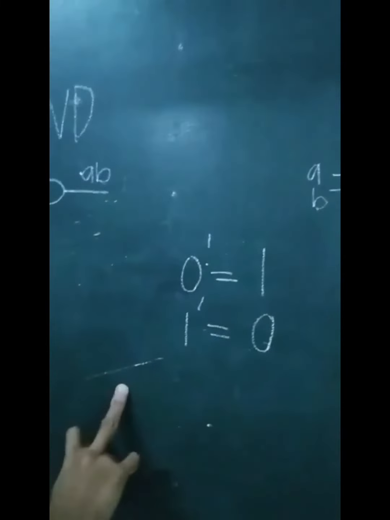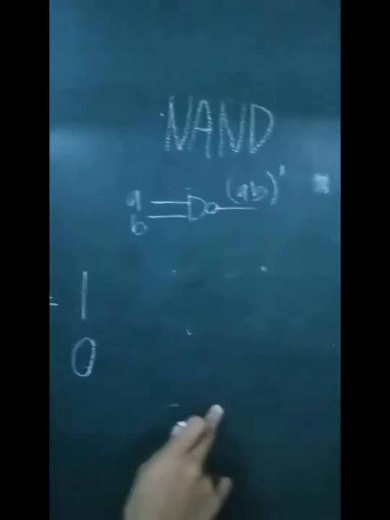So I'm gonna draw the two truth tables of the AND gate and NAND gate.